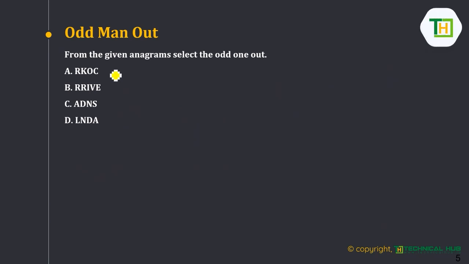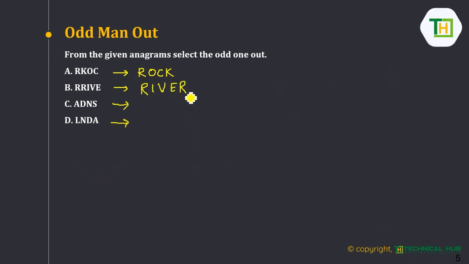Okay, but if you clearly observe these words here, these are jumbled letters. I have to convert them into a proper word which has a meaning, right? RKOC I can write as rock, ROCK, and RRIVE, so I write it as river.